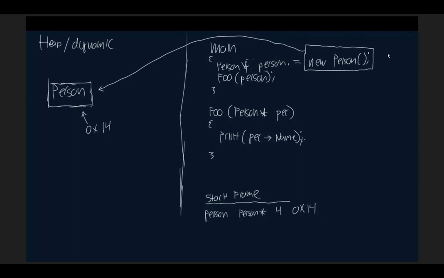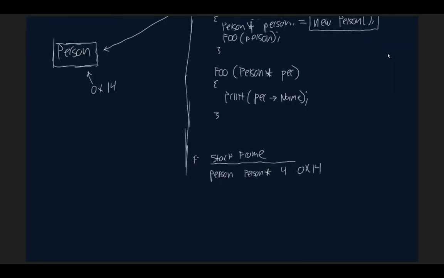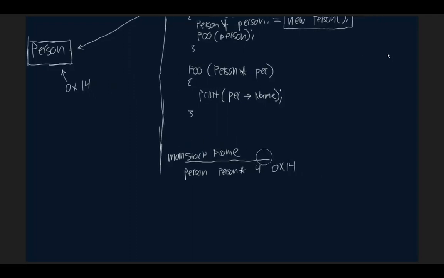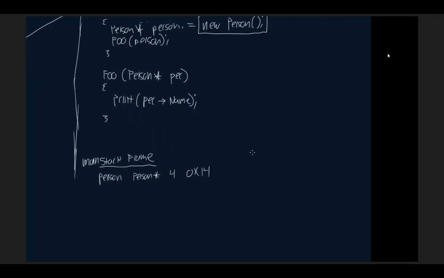So what's going on here? What gets copied into foo's stack frame? The address of the object, 0x14 specifically. Yep. So this is main's stack frame. Here's foo's stack frame. And foo's stack frame looks like this.